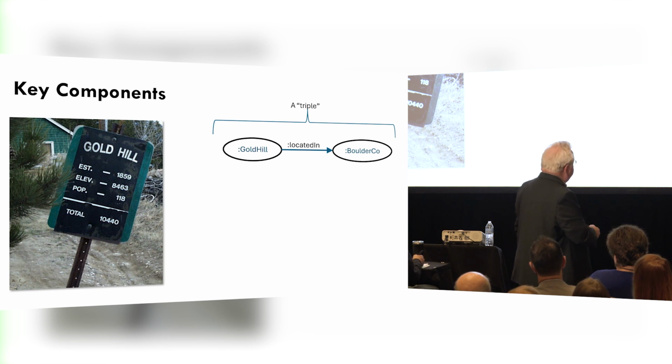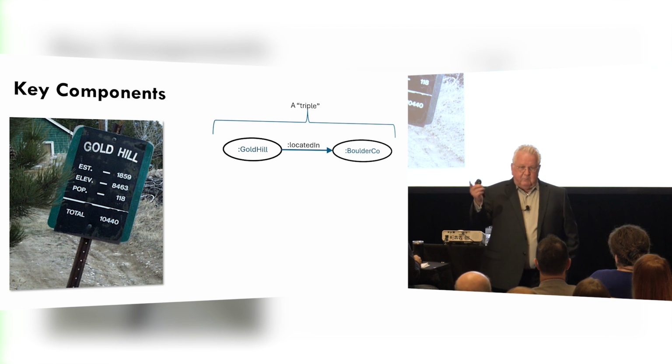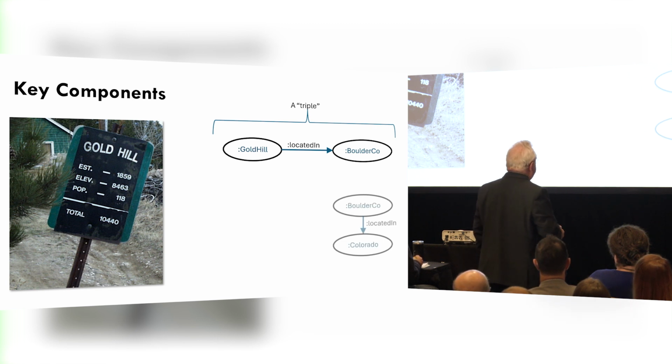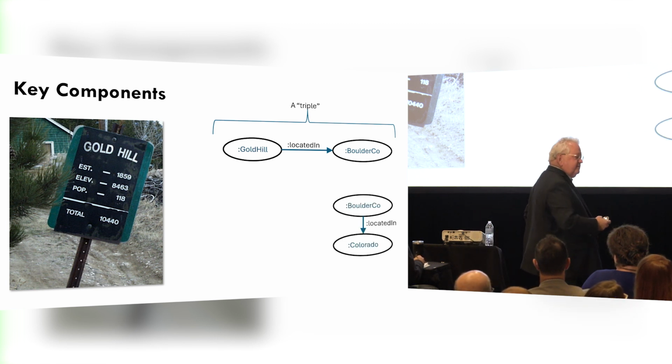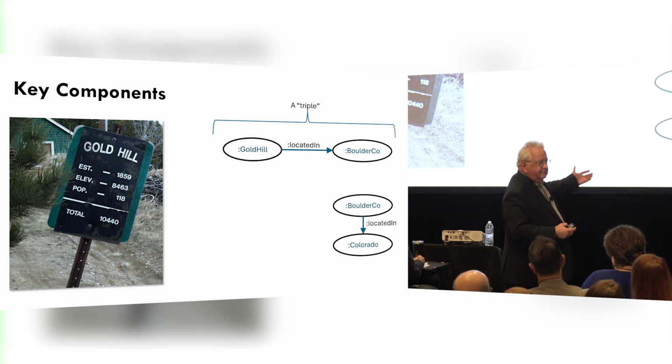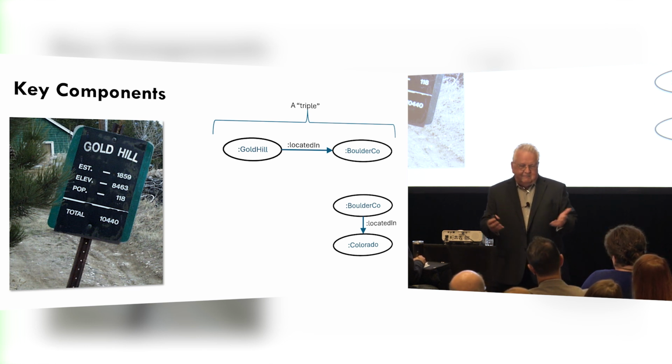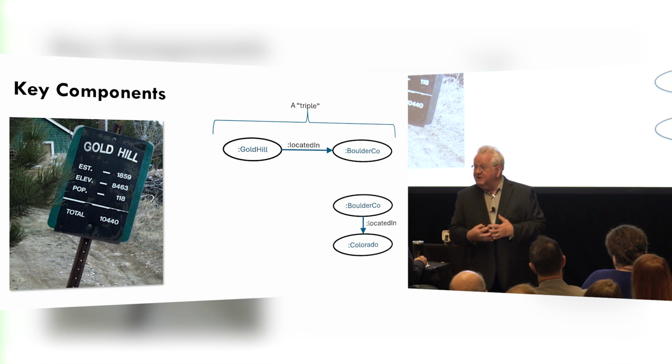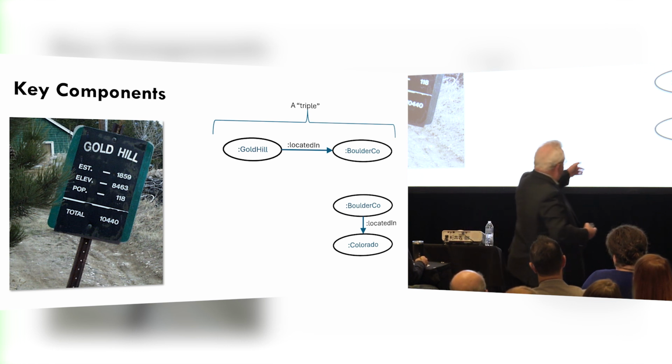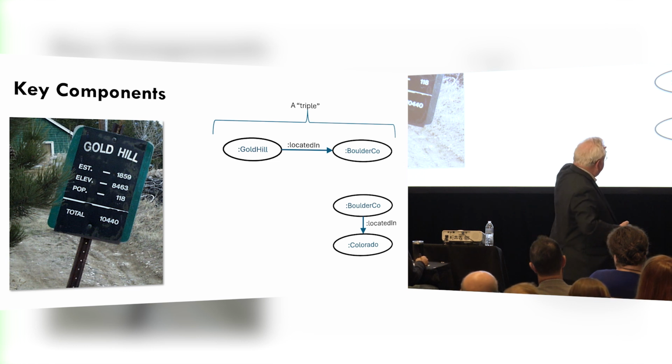now, what's interesting, how this whole linked open data thing I was talking about works, is if I discover some data somewhere else, maybe Gold Hill doesn't know or forgot or assumed everyone knows that Boulder County is in Colorado. But if we find that somewhere else, like maybe in Wikipedia, that's another triple.